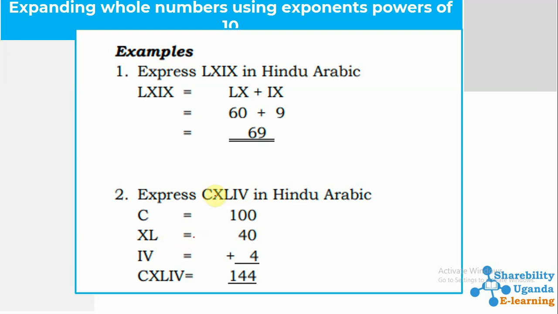So that simply means 100, 40, and then 4, making our Roman numeral. So in Roman numerals, we only need to understand and identify that our IX is 9, our IV is 4, and XL is 40. You will be done with such numbers.